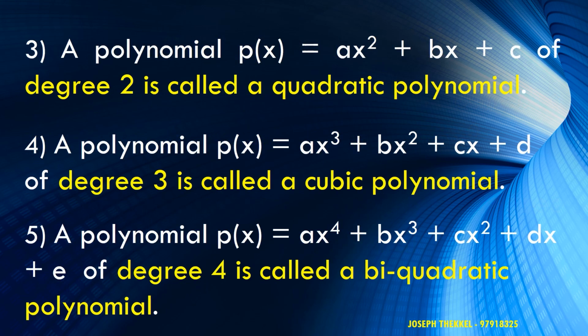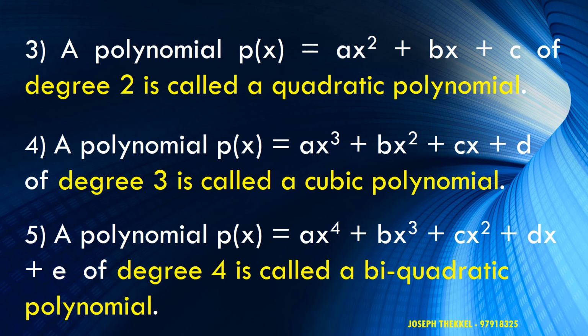A polynomial p(x) = ax² + bx + c of degree 2 is called a quadratic polynomial. 4. A polynomial p(x) = ax³ + bx² + cx + d of degree 3 is called a cubic polynomial.